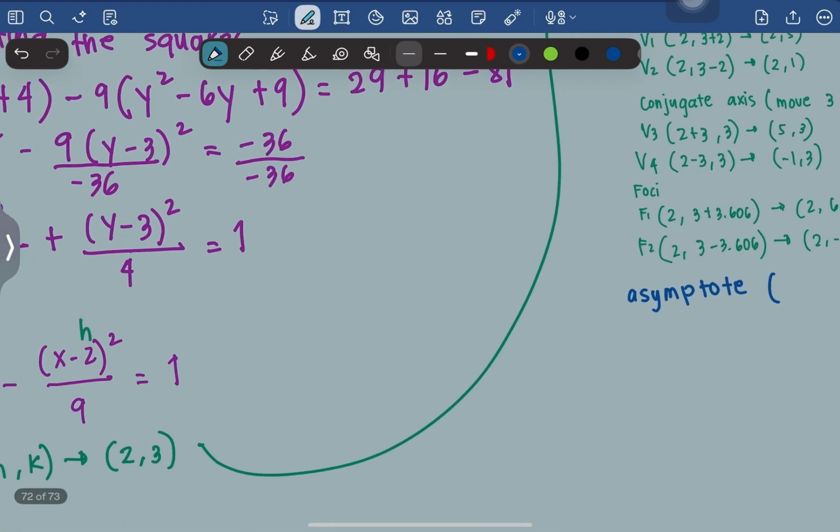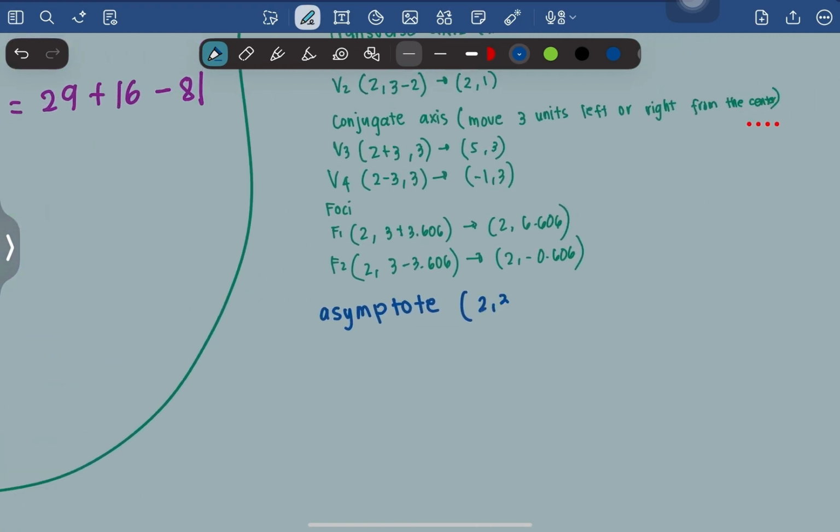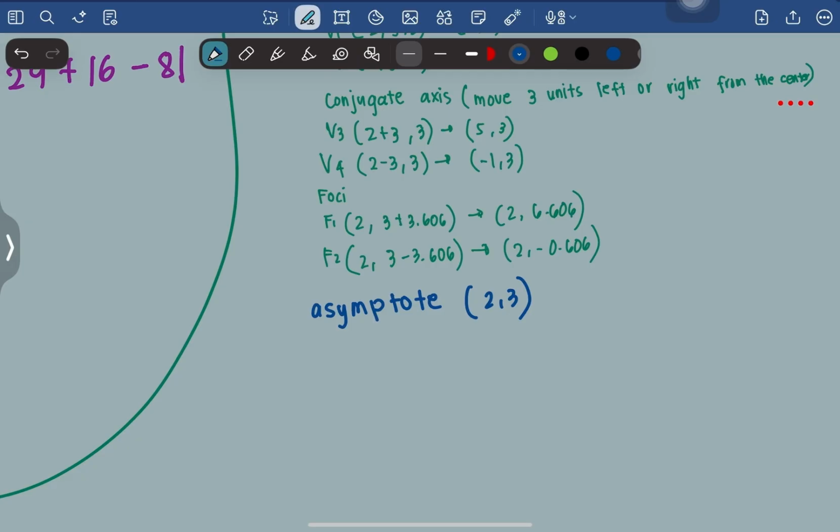So yung center natin is 2, 3. So using the point slope form, so from the straight line, y minus y sub 1 equals m times x minus x sub 1, where x sub 1 is 2, y sub 1 is 3.